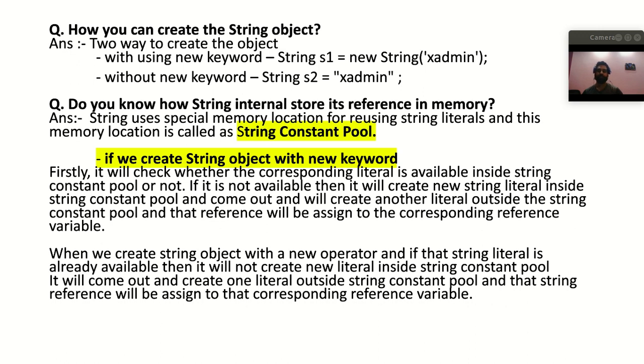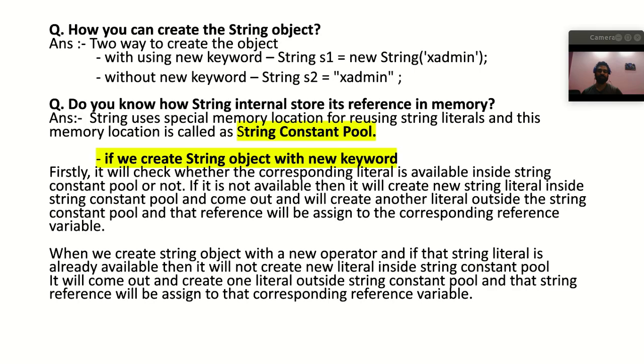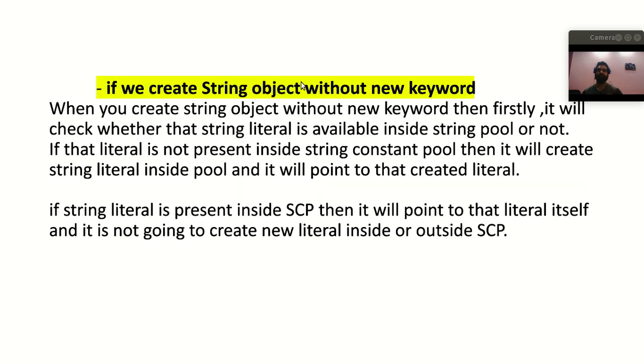Now we are going to see how memory storage is done if we create the string object without the new keyword. So there is another scenario. When you create a string object without the new keyword, first it will check whether that string literal is available inside the string constant pool or not.